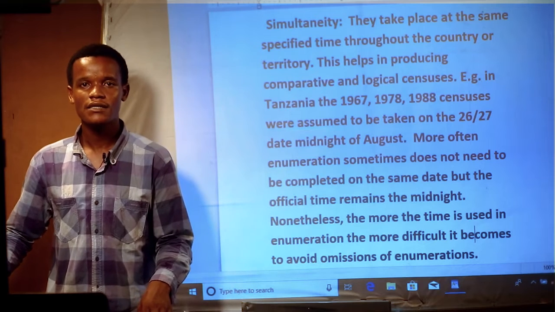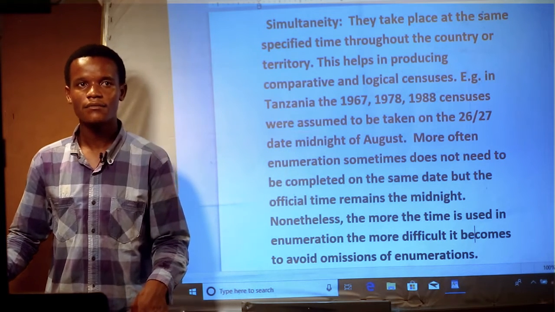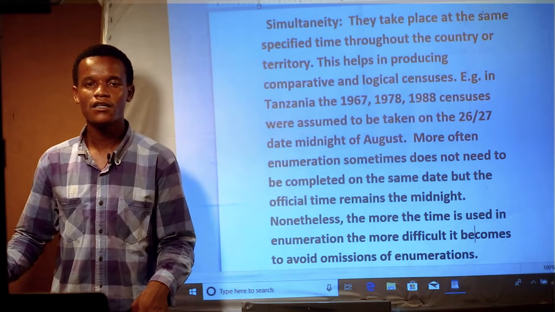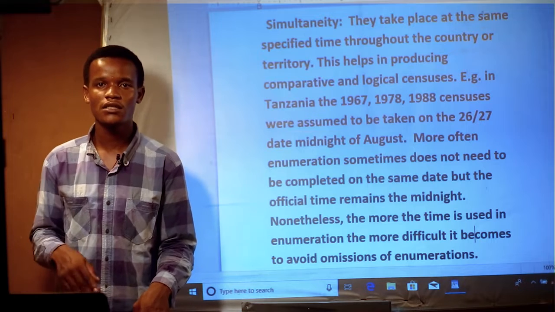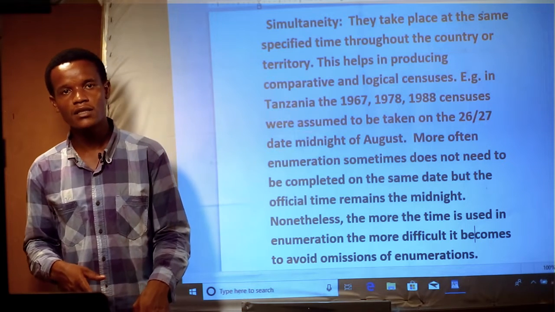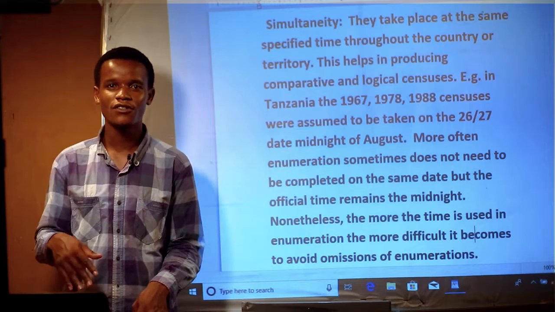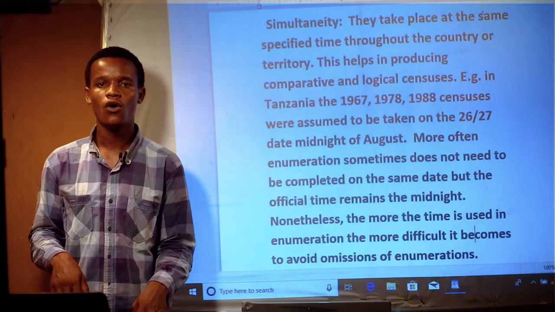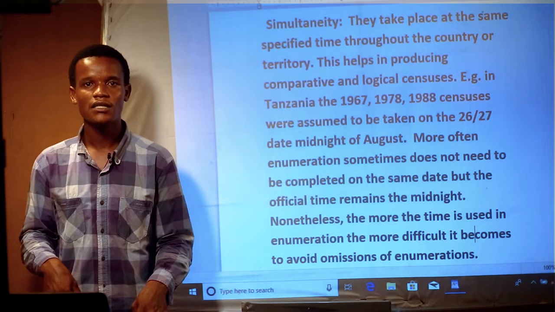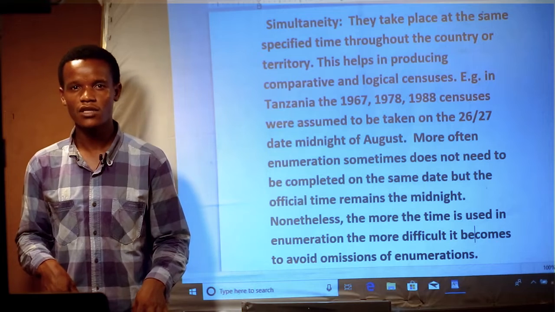That's why we say census is simultaneous. There is no special time division, like the northern part of Tanzania being counted in this month while the southern part is counted in another month. No, there is no separation of time. It means all takes place at the same time. That is why we call census simultaneous.